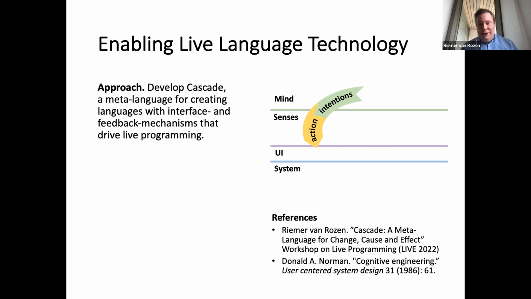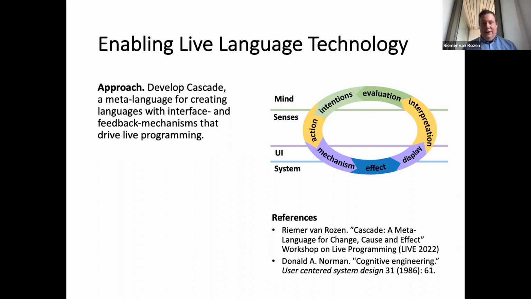Of course, you type on a keyboard, you use some user interface to perform a programming action that has an effect on a working system. And this effect is good or bad, we don't know yet. It's displayed, and then you have to interpret if it's good or bad and evaluate the result. And live programming is about speeding up these programming cycles so that it's easier to comprehend if the changes you are making are having the effects that you are looking for.